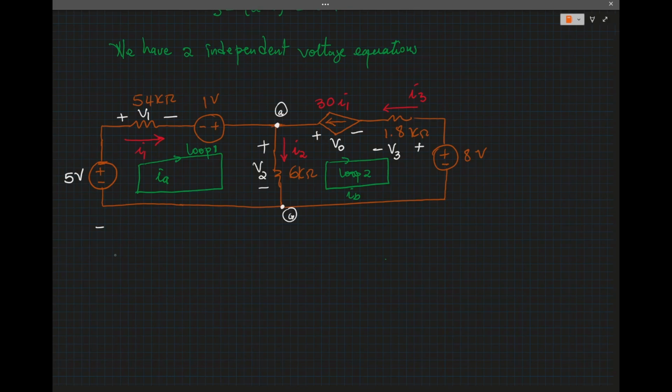So now I'm gonna write the loop 1 equation. So starting from the node G, moving this way, then I come across the -5 volt.